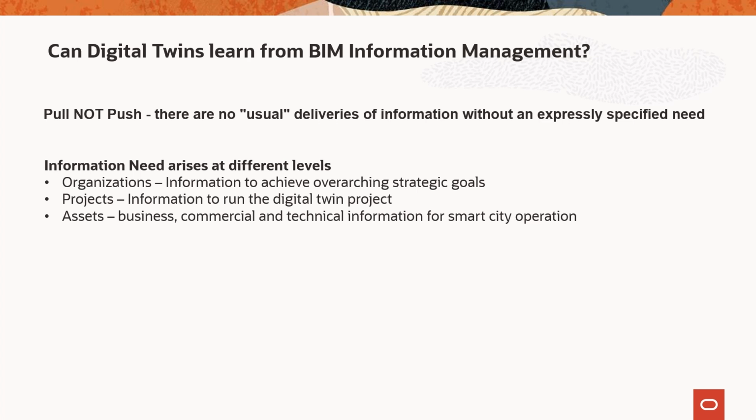And on the level of assets, and the asset is the city or parts of it in this case, it's the need of business, commercial, and technical information for smart city operation is inferred from this level.